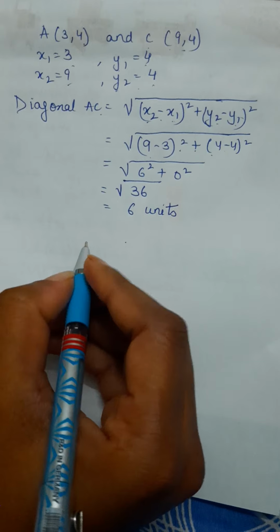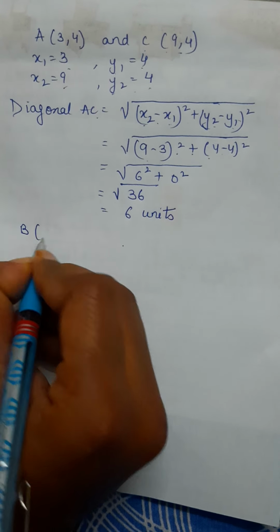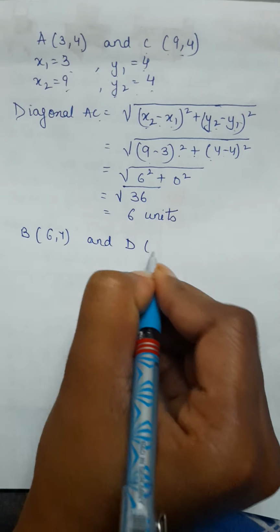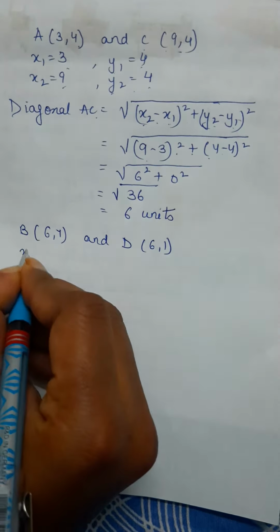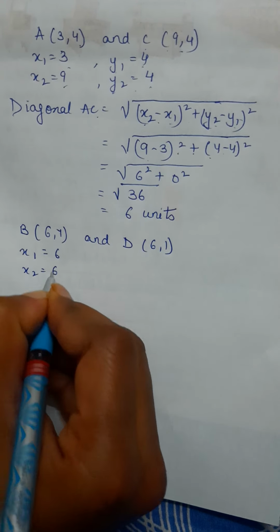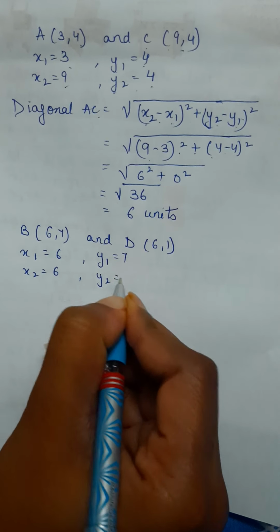Now find out the second diagonal, that is BD. The coordinates of B are 6, 7 and the coordinates of D are 6, 1. In this, x1 is 6 and x2 is also 6, y1 is 7 and y2 is 1.